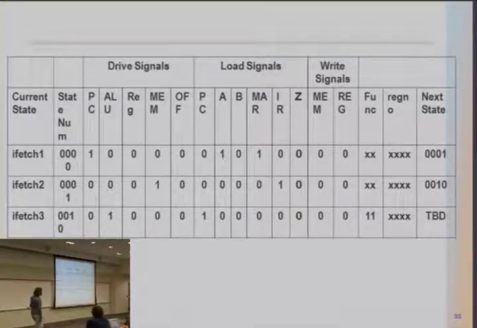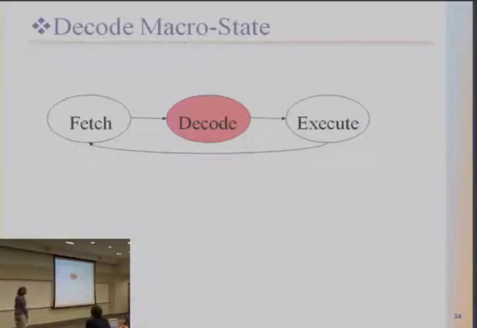The register number we didn't use, and here it says to be determined because basically we wrote the macro states. Macro states are fetch, decode, and execute. But now the question is, when I'm done with all fetching, where do I go next? That's why I left this one undetermined. So obviously the next step is to decode. How do we do that?